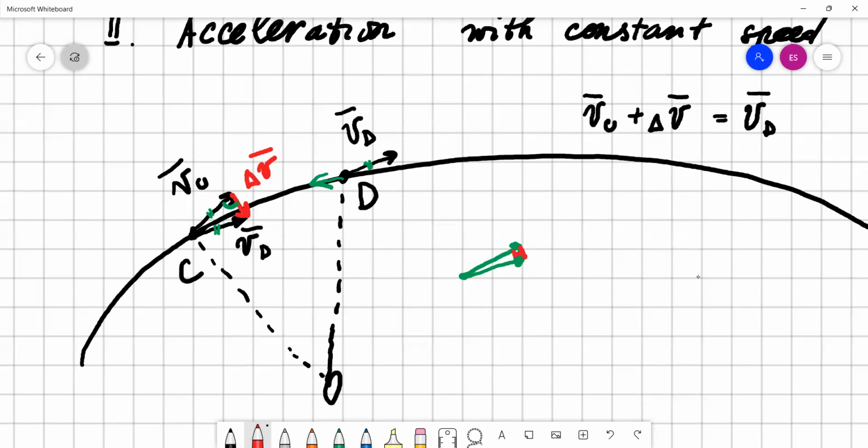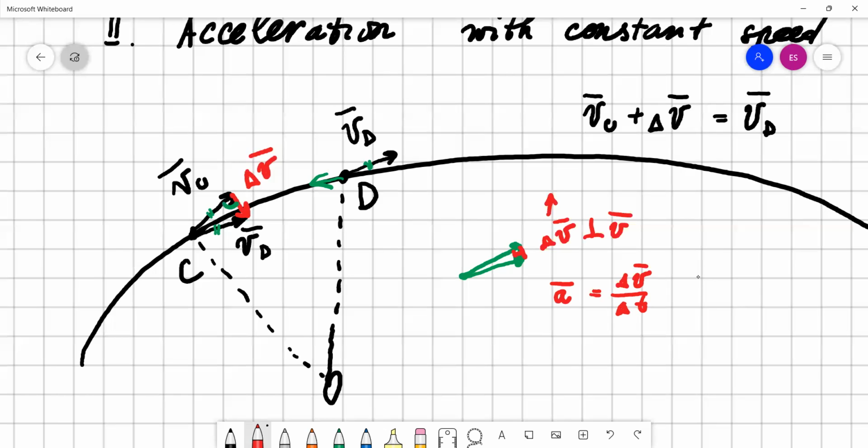So the idea here is to show that the vector of change of velocity is perpendicular to the vector of velocity if the motion happens with constant speed, okay? Perpendicular. And we know that acceleration is a change of velocity divided by change in time. Change in time is a scalar, so the vector of acceleration is parallel to the vector of change of velocity.